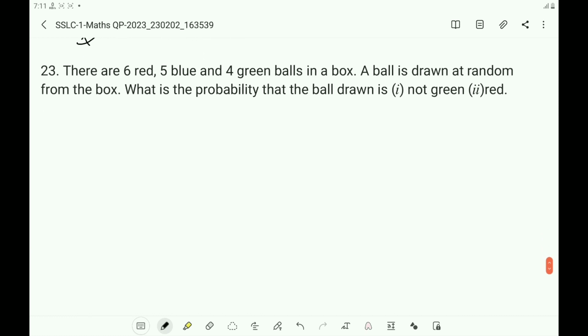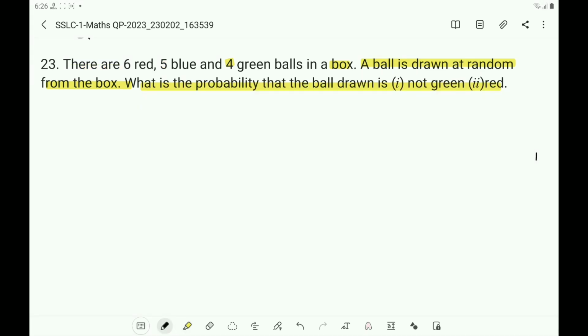Next, question number 23. What is there? There are 6 red, 5 blue and 4 green balls in a box. A ball is drawn at random from the box. What is the probability that the ball drawn is not green, second red?